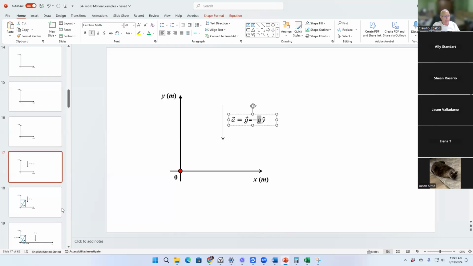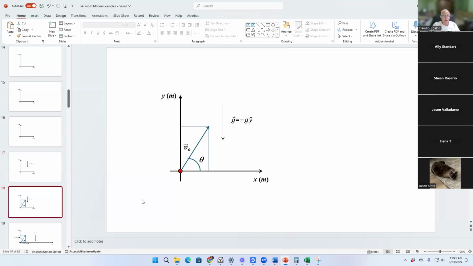Okay? What else do I need to describe my projectile motion? I need the initial velocity vector and its direction.